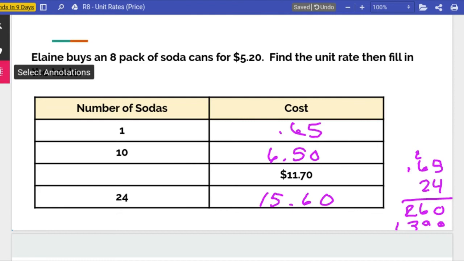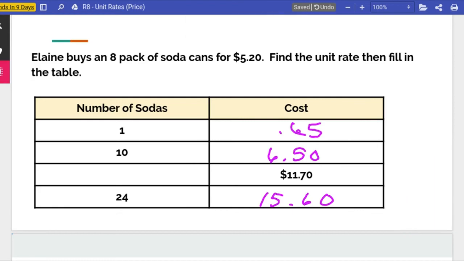So to find how many sodas I can get for $11.70, I'm going to need to use the opposite and divide. So I need to figure out how many 65 cents for 1 soda do I have in $11.70. So if I'm dividing by 65 cents, I'm going to move my decimal over 2 places in both my divisor and my dividend.